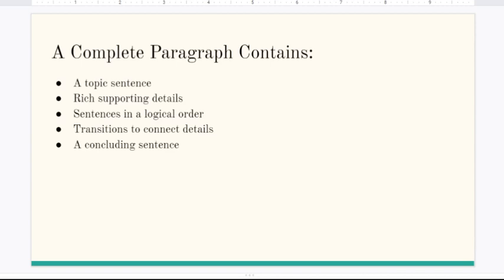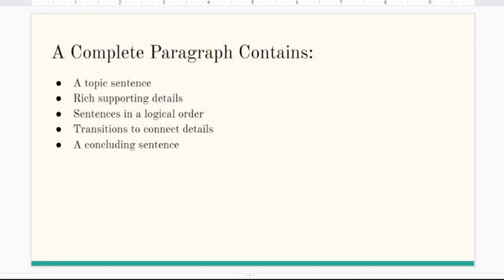Okay. This video is only about topic sentences, but let's zoom out for a second and look at what a complete paragraph contains. So you can see the first bullet is a topic sentence, which is what we're going to be talking about in this video. But there's 4 more things that a complete paragraph contains.